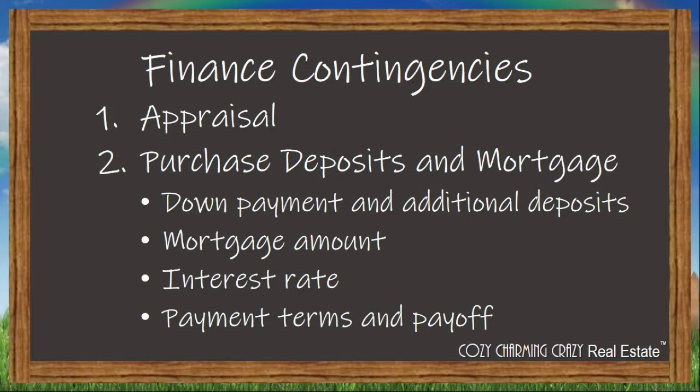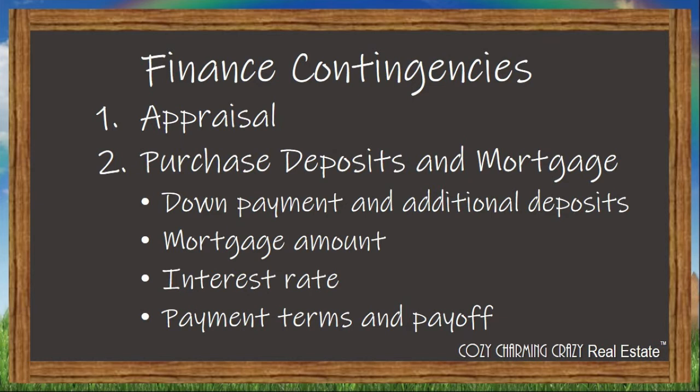And they might say, okay, I'm going to put down so many dollars in an initial deposit, and then they're going to make additional deposits during the escrow period, especially if it's a longer escrow period. It could be that the buyer needs to get a mortgage amount of a specific amount or above, and so that's going to be a requirement that must be met or they have the right to drop out.